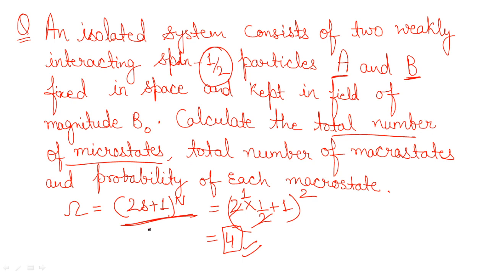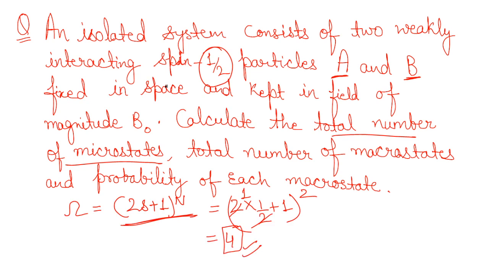Now the second step is how to find the total number of macrostates, and then how to find the probability. In a spin half case, you first consider the possible cases of a spin half. Either it can be spin up or it can be spin down. Now two particles are there.